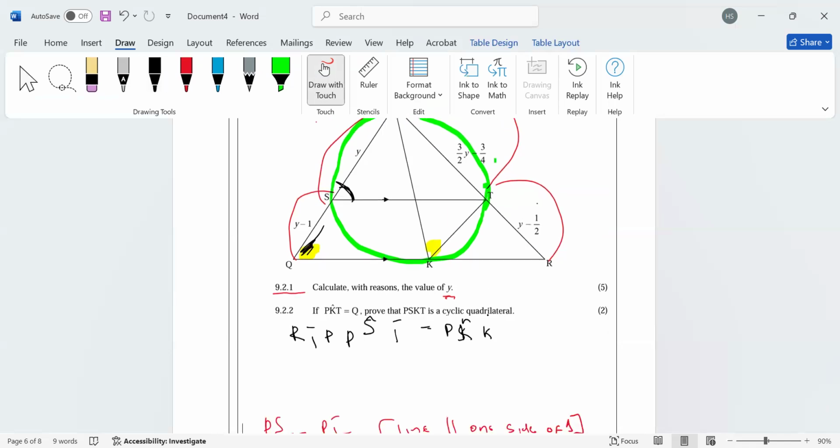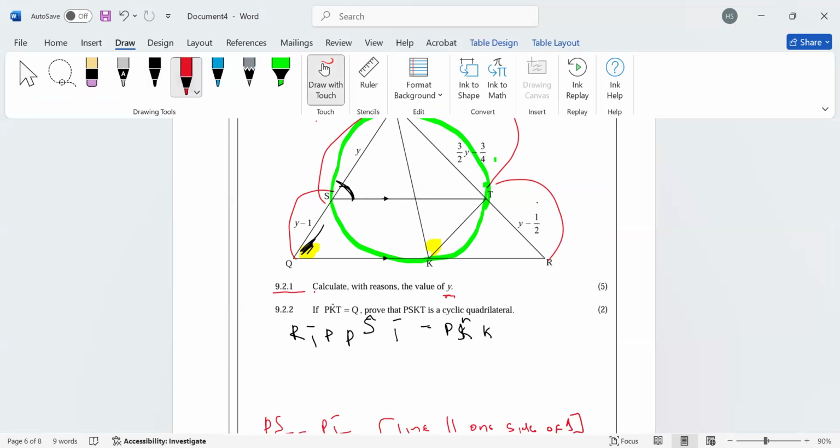So you start by saying, we are required to prove that this angle here is equal to this angle. If you can prove that, we would have proven that this thing here is a cyclic quad. So we are trying to prove that PST, which is this angle here, is what we are required to prove.